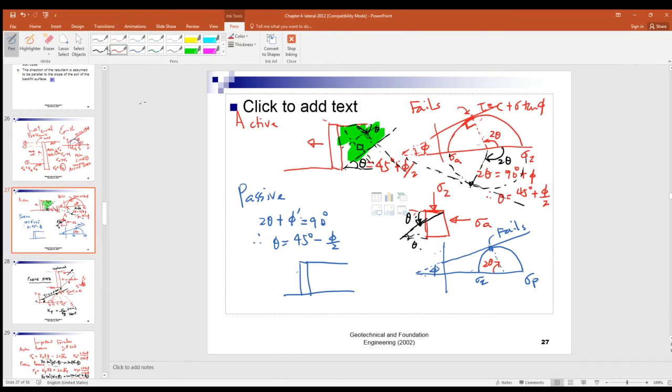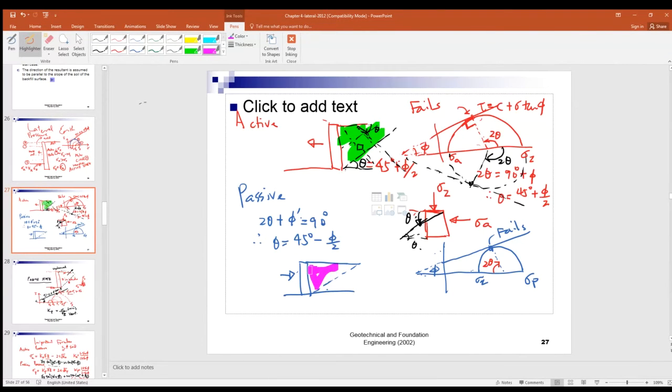For the passive, it's moving in. So this soil is a soil wedge, right?